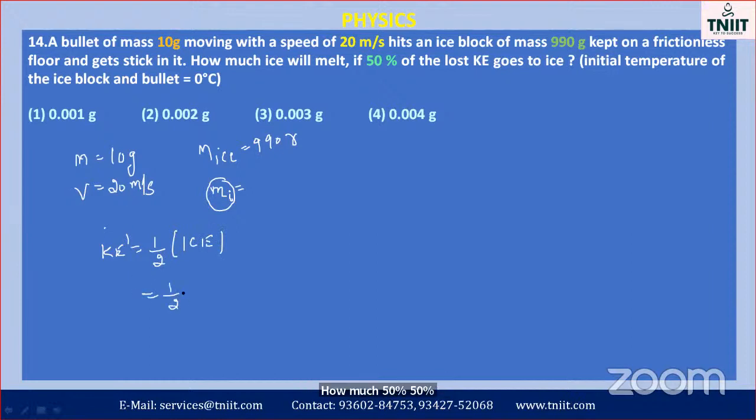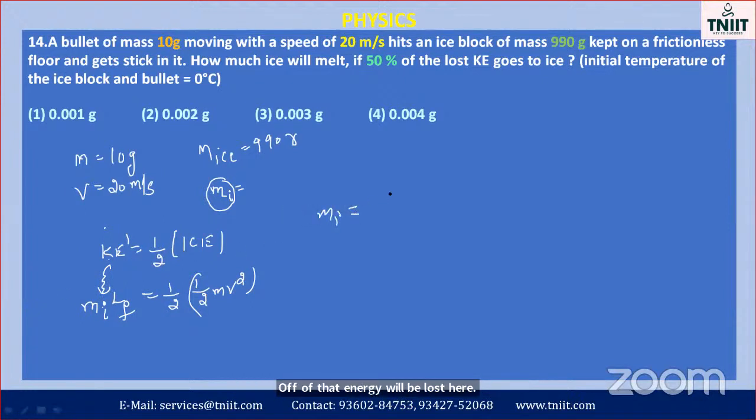You know that the initial kinetic energy of the bullet is half times mv squared. This kinetic energy can be taken as mass into latent heat of fusion. So with L the latent heat of fusion, how much ice is going to melt? That is converted into energy, and half of that energy will be lost here. So Mi you have to calculate.